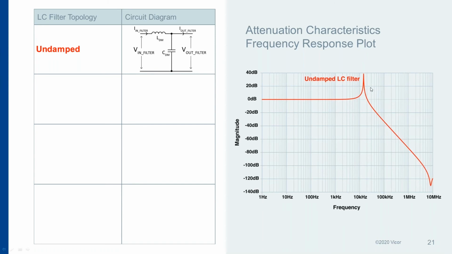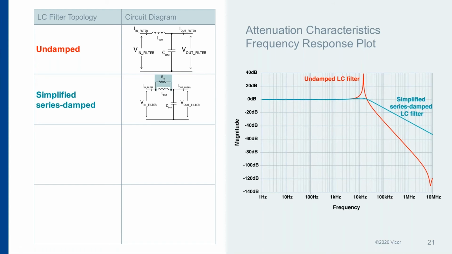And we see at the corner frequency, we see this peaking. And this peaking can actually increase noise levels within the system if we don't have a well-damped system. We see we've got good roll-off at high frequencies with this system, but we do have this peaking that we need to address. And one way to address this is to add a resistor in series with the inductor.